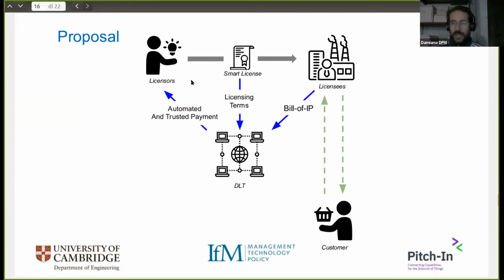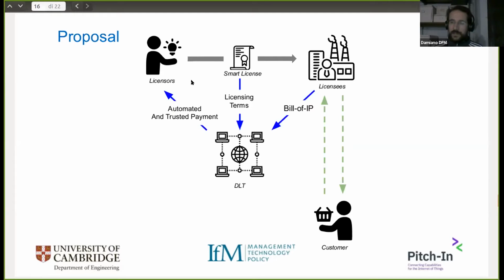Why automated and trusted? As we said, the smart license is a smart contract, so it lives in the DLT, beyond the control of both the licensee and the licensor that originally created it. What it means is that the logic that is now encoded in the contract is self-executing, as we said before. So whatever agreement was struck in the beginning, this intended logic is what is going to be executed by the DLT.